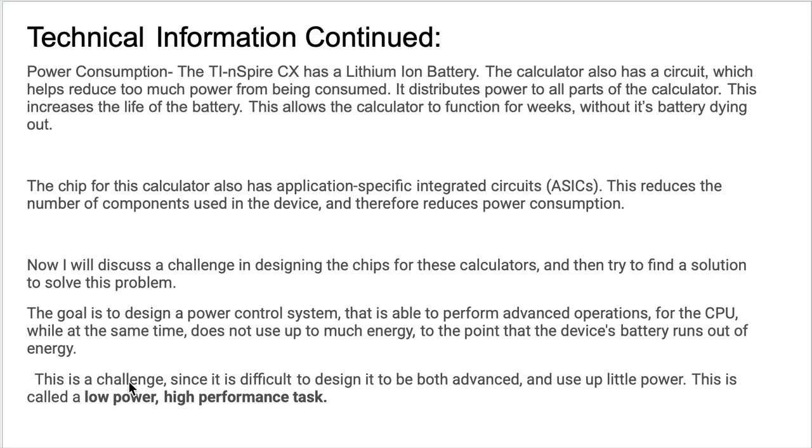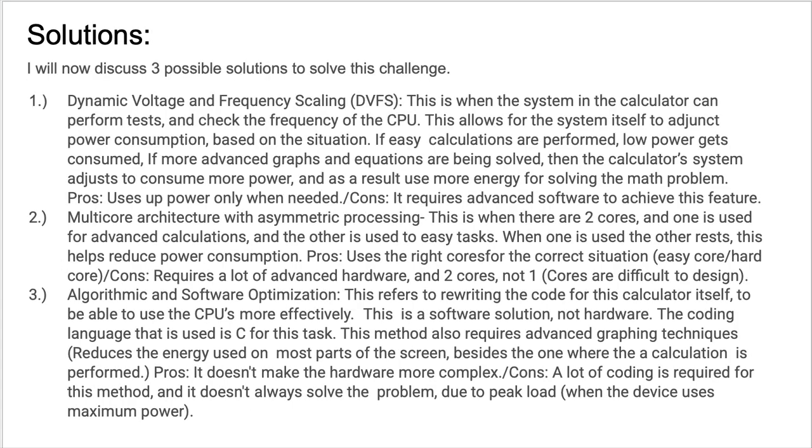This is what I would call a low power high performance task, because there has to be low power consumption, but the calculator also has to function at a high level of performance.